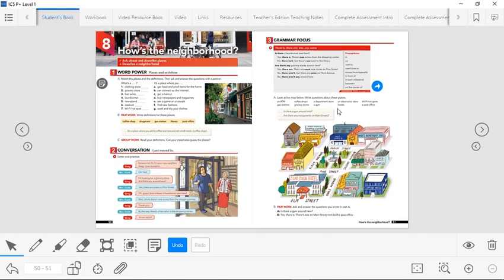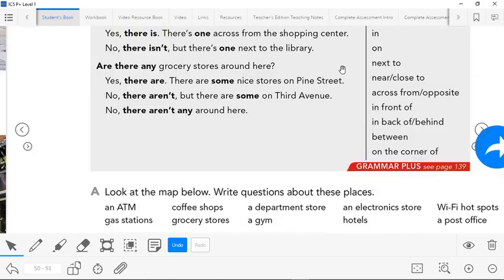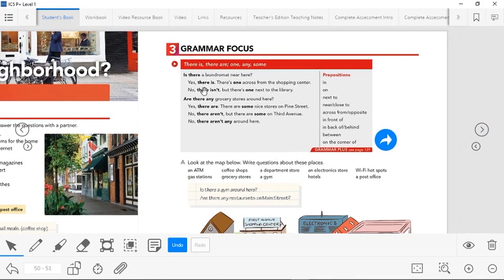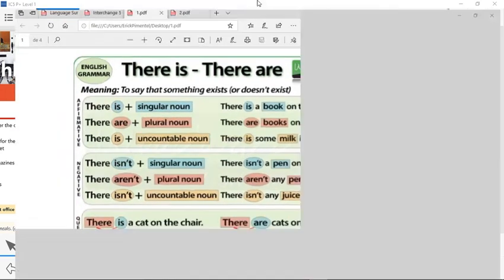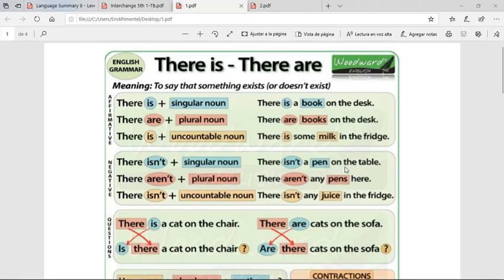Okay, we're gonna be talking just about that in the grammar focus of today. It's gonna be there is, there are, one, any, or some, and the prepositions that we already saw a bit. Okay, I would like to use this at the end as a summary of what we just saw. But for now, we're gonna be using this resource of grammar.